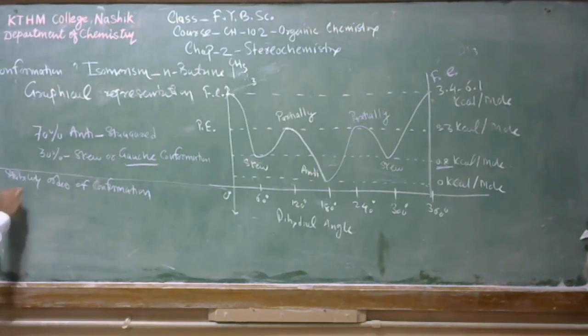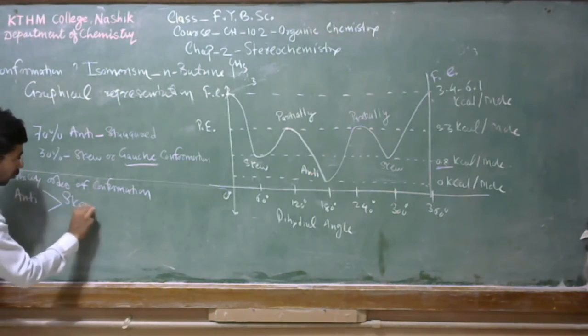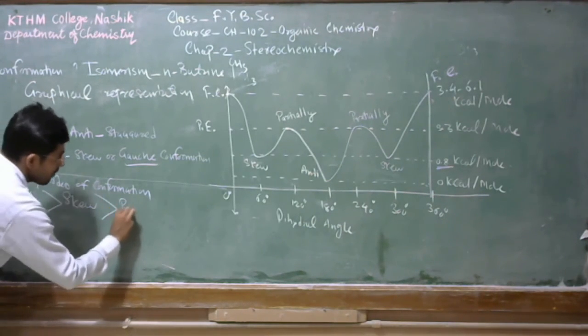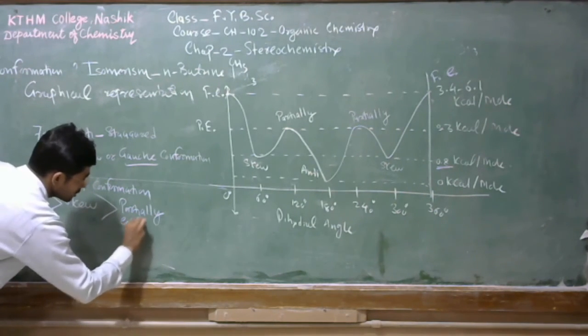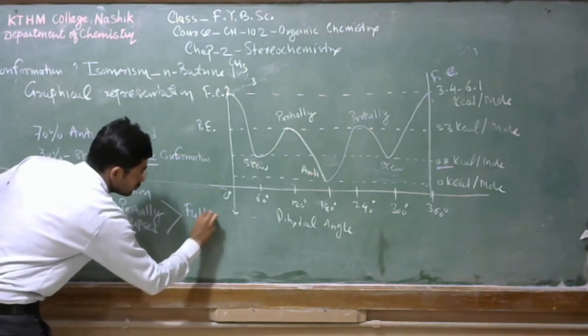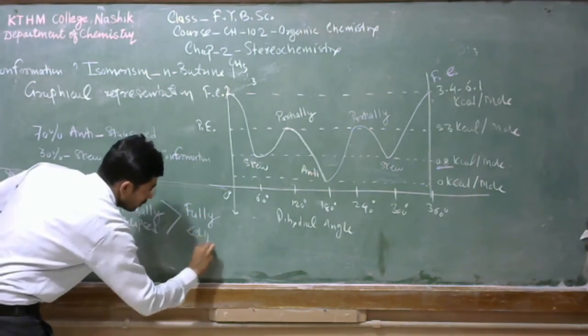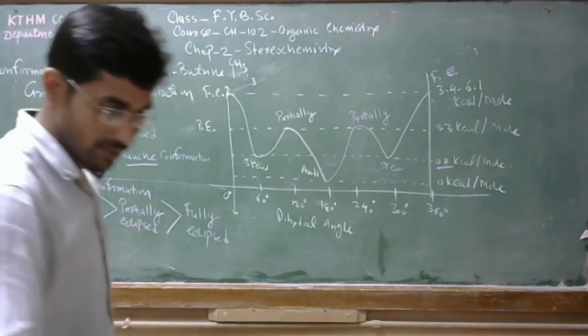We can write here: the anti or stagger conformation is the most stable conformation, then skew or gauche conformation, then partially eclipse conformation, and then fully eclipse conformation. In this way, we can write the stability order of different conformations.